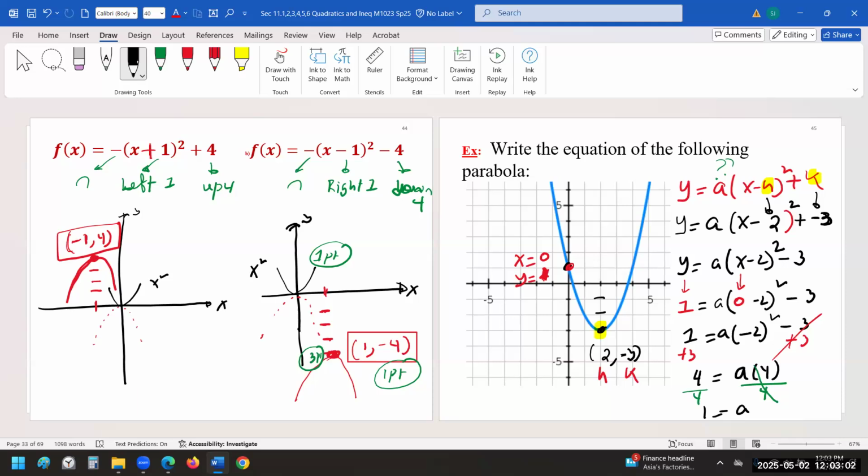So that tells us our equation is y equals a is 1, and then we have (x minus 2) squared, and our k is negative 3. So this is our final equation.